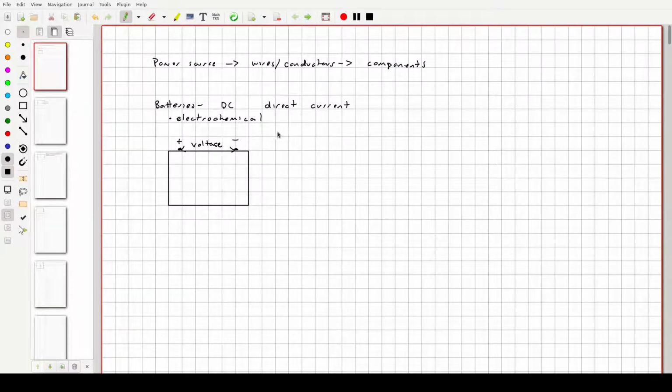Now remember, we defined voltage as being the electric potential at a point in space. But in circuit analysis, and in most electrical applications, when they use the word voltage, they don't mean at a point in space. They mean the difference between two points in space.